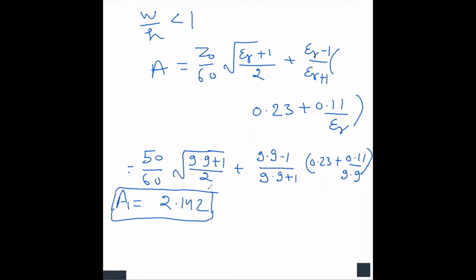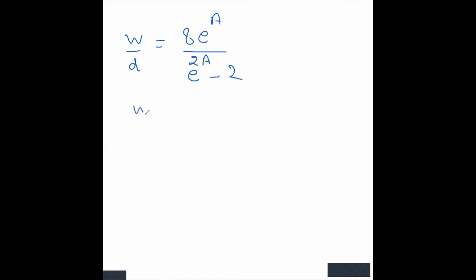Now, as we know from the equation, W by D will be equal to 8 e raised to the power A upon e raised to the power 2A minus 2, and we have the value of A as 2.142.